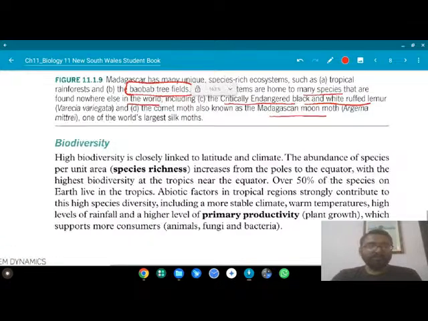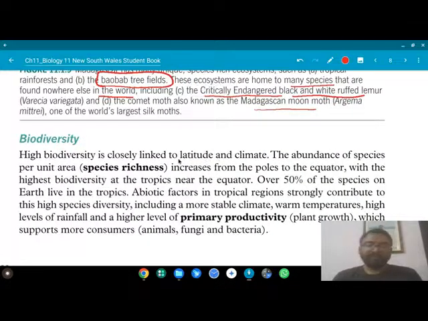High biodiversity is closely linked to latitude and climate. The abundance of species per unit area, species richness, increases from the poles to the equator. Species richness increases because the climate becomes more normal, not extreme. Even at the equator, a temperature of 40 or 50 degrees is okay, but more than 50 is not possible.